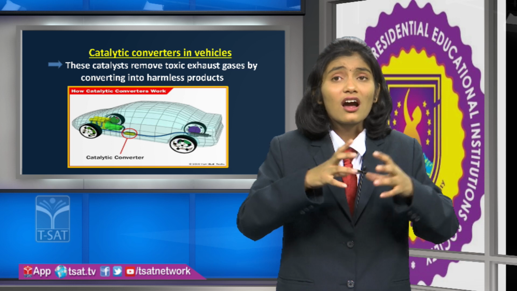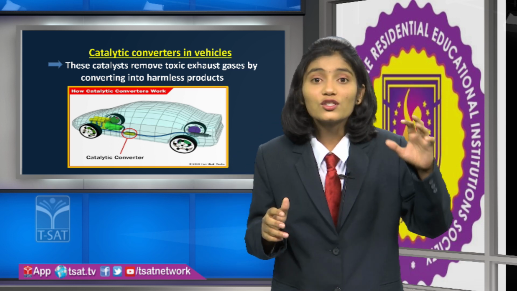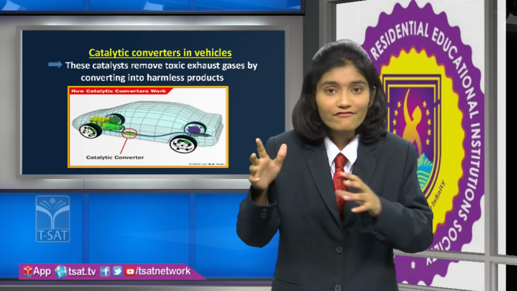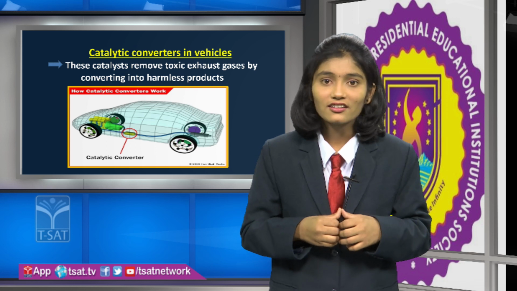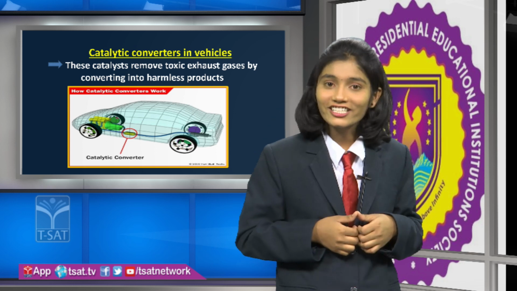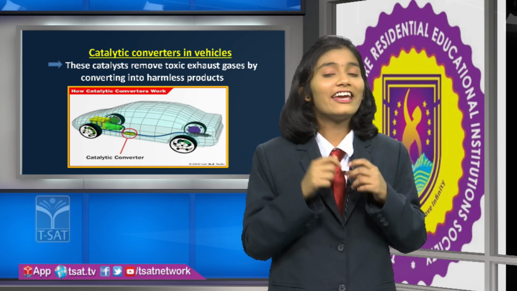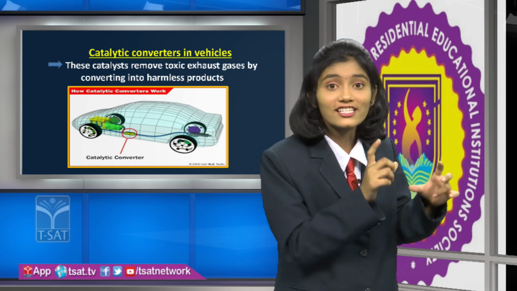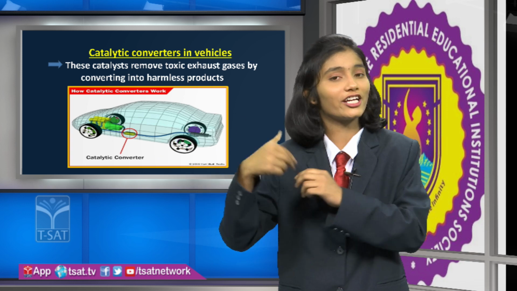They cause such a dangerous condition to the ozone layer, which is very harmful to people and causes skin diseases, right? So friends, here come catalytic converters in vehicles. They play a key role in converting these toxic exhaust gases into harmless products.